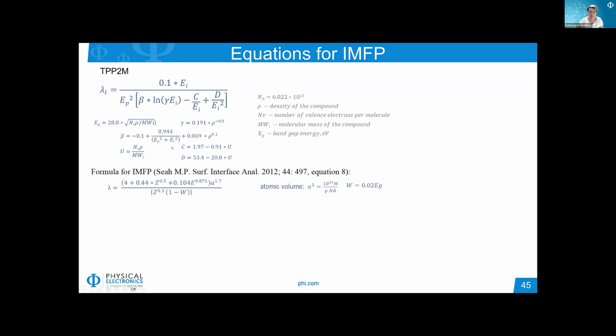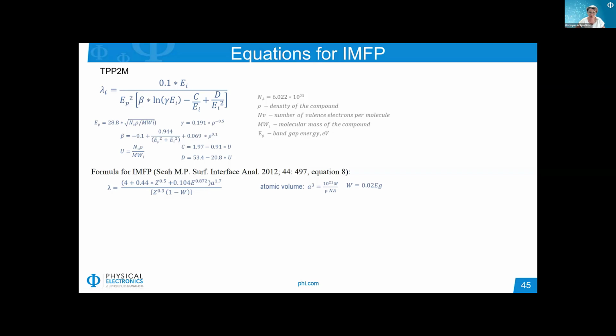Here's an example of a simpler formula that is suggested in the same paper. We can see that it depends mainly on atomic number and kinetic energy, and then this parameter, where we have, again, molecular weight and density. So again, it's another formula suggested for calculation of the inelastic mean free path.